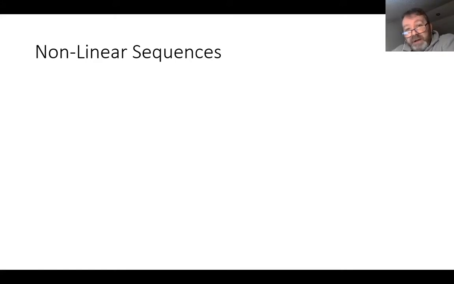And the answer lies in where the difference comes out as a constant. Now, what do I mean by that? Well, go back to your arithmetic sequence. When you looked at the differences between all the consecutive numbers, it was the same. Say, for example, we get a set of numbers in a sequence where the first level difference is not the same.